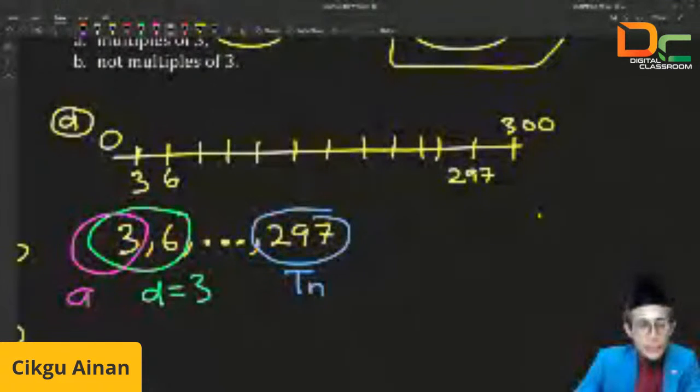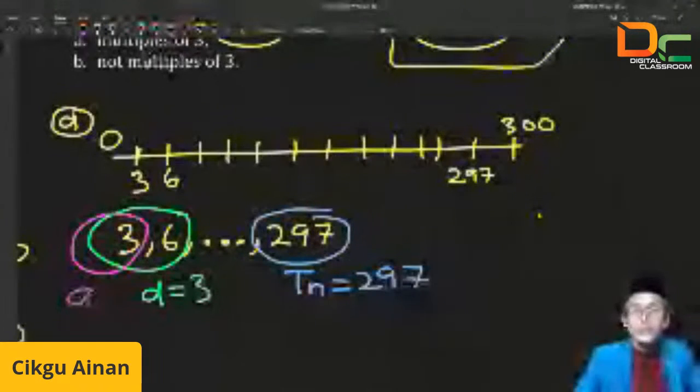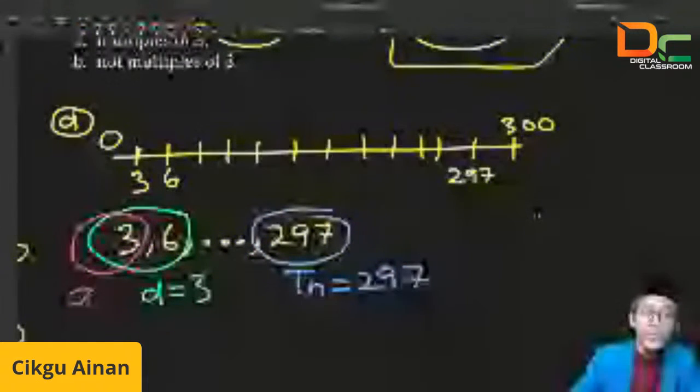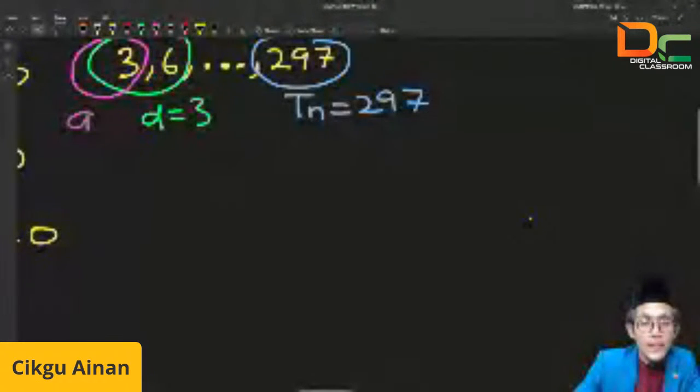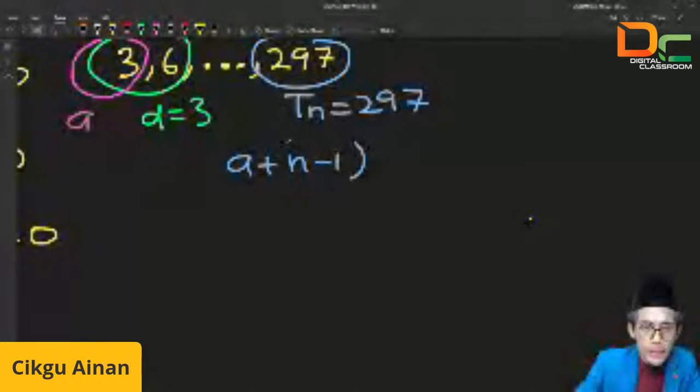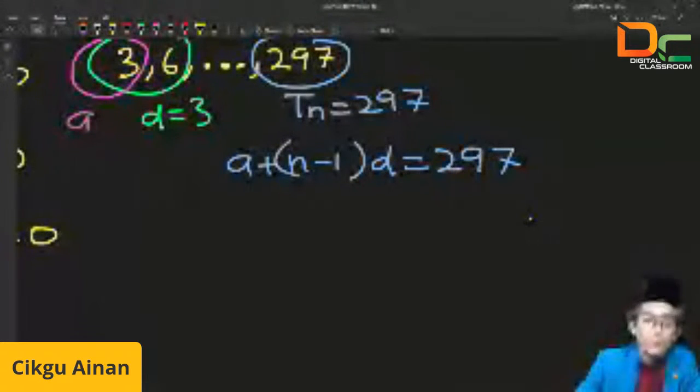Now, what is 297? 297 is Tn. N apa? Don't know. We going to find out lah what is the N, by using the value of A and D. So Tn is what? Tn is A plus N minus 1 multiplied by D equals 297.